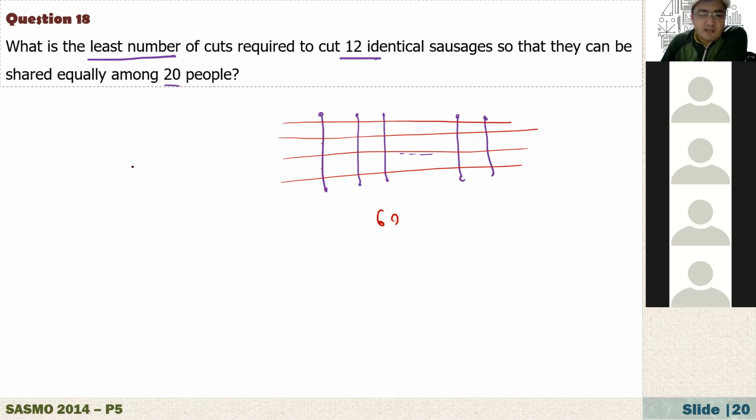We have sausages, right? Maybe I can draw the sausages so you can understand much better.